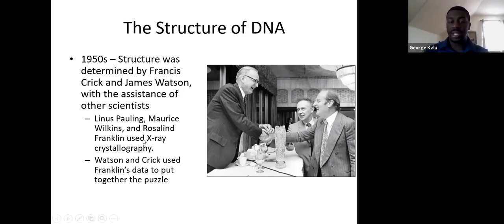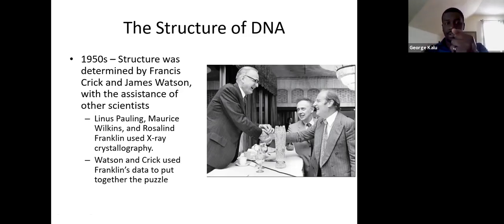And what they did was they used a technique called X-ray crystallography. Okay? So they knew DNA was there, but they didn't know its full structure. They didn't know how it was built. Okay? So they used this technique called X-ray crystallography, which is kind of interesting because what you do is you take that particular molecule that you're looking at, in this case DNA, you crystallize it, and then you shoot a bunch of X-rays at it. Okay?